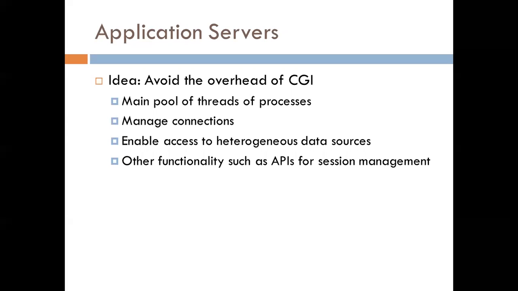So application servers manage the connections better. It enables access to heterogeneous data sources, which means we can connect to multiple databases. And it provides a mechanism to manage the sessions.